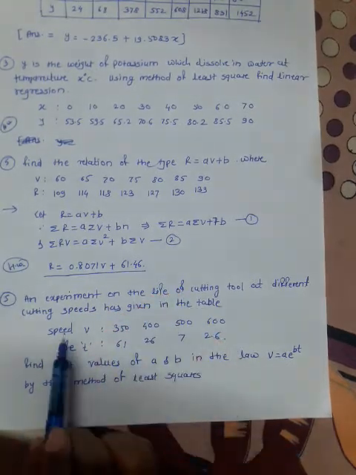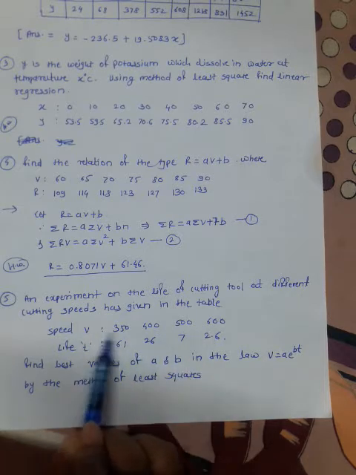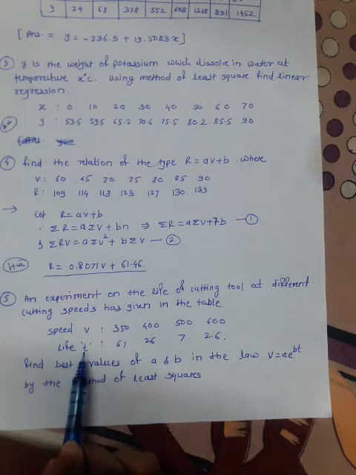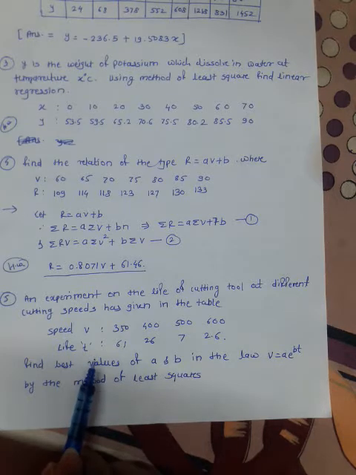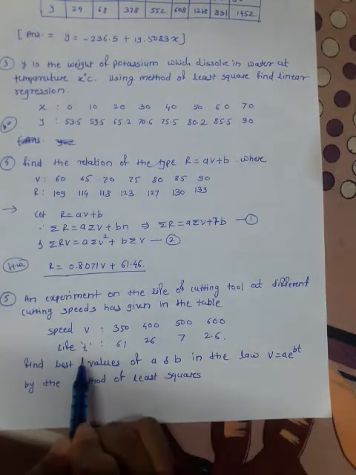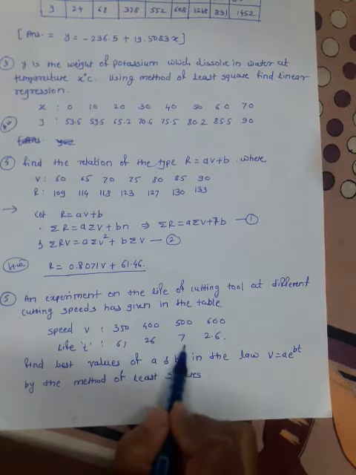Two things are given. Speed is given by V, and for that speed, the life of that cutting tool is in terms of t, time. Life means number of years or number of days, this type of thing, that's why it comes in the time domain. That's why life t is given in this particular format.